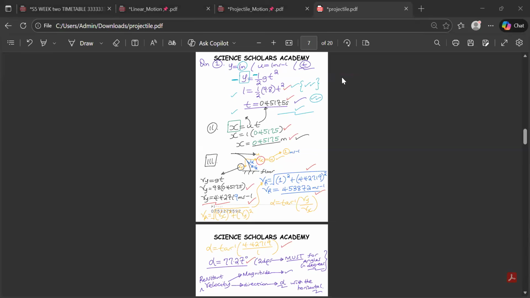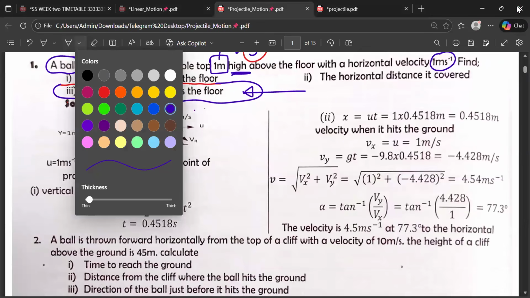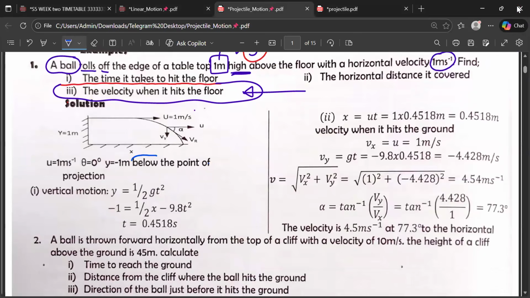Okay, that is good. Now you look at what was done here. You see what I was telling you? Because they are saying it below the point of projection, that's why these people are using -1, which is okay. So they use negative here and negative here, but later things cancelled. Even here, you can see that their Vy, because Vy is looking down, they said let's give it a negative.